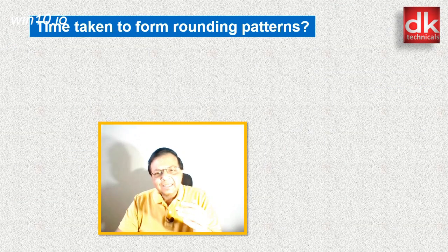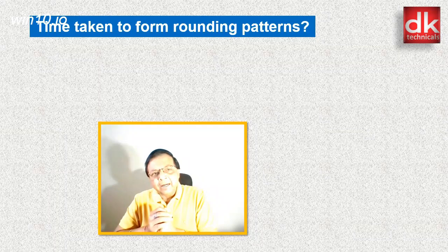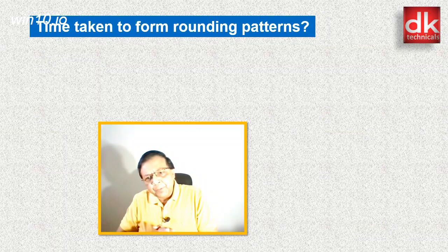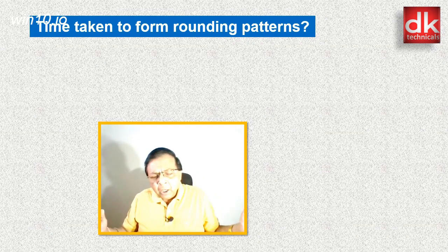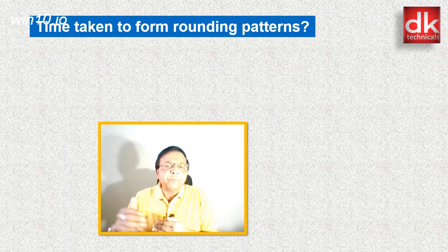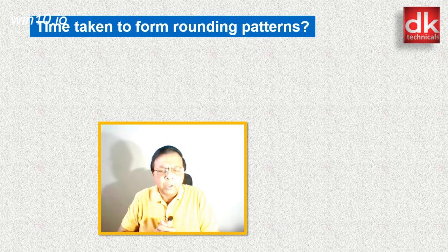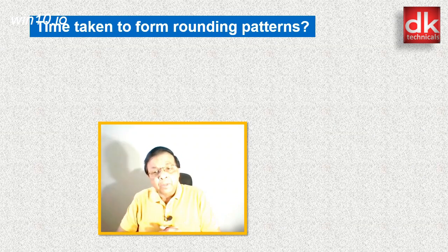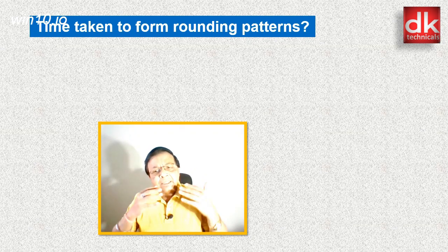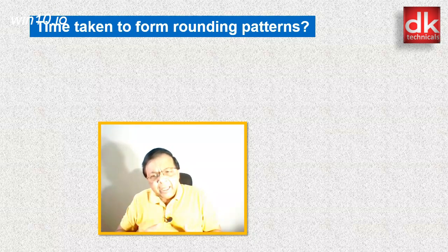So friends, let us now understand how much time it takes to form a rounding bottom. There is no fixed formula to say this many years it will take to form a rounding bottom formation, but it takes years. When I say it takes years, it could be 5 years, 7 years, 8 years, 9 years, 12 years.